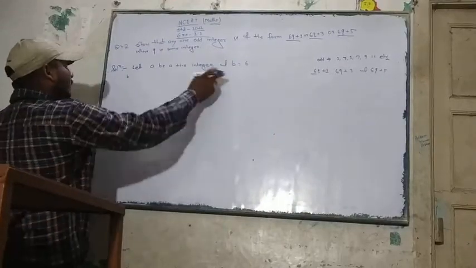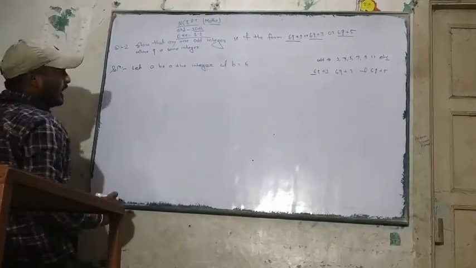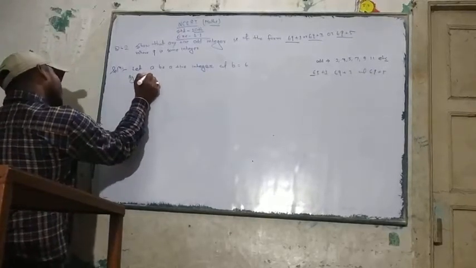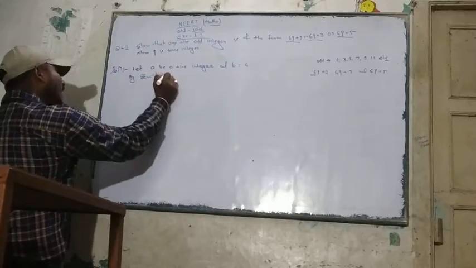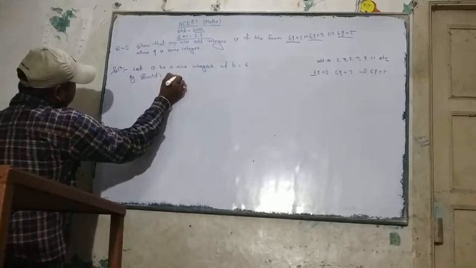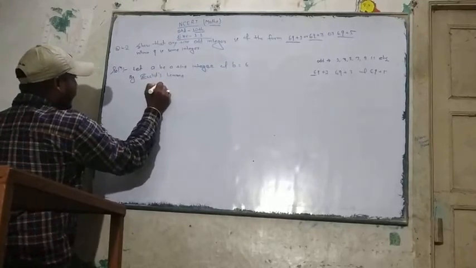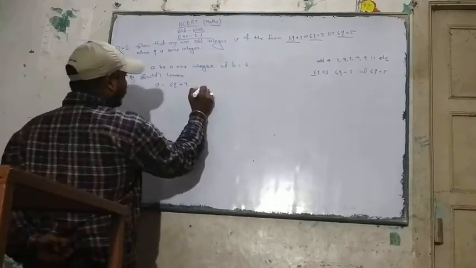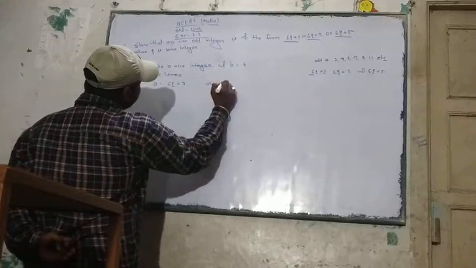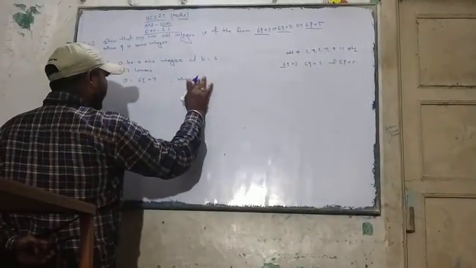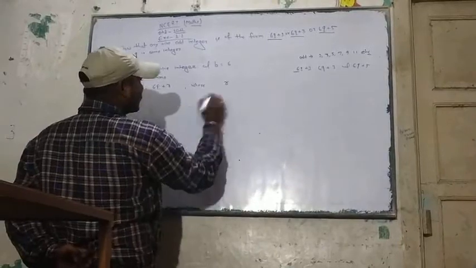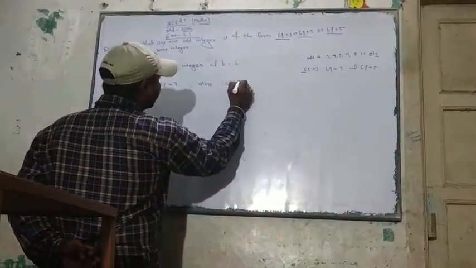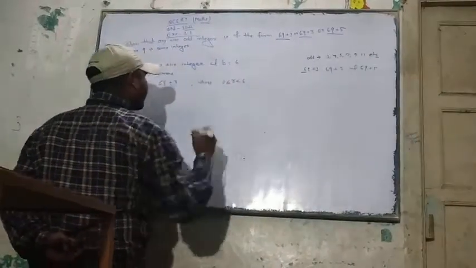Then the possible values of r: at first we write Euclid's lemma. a is equal to 6q plus r, where r is greater than or equal to 0 and less than 6.